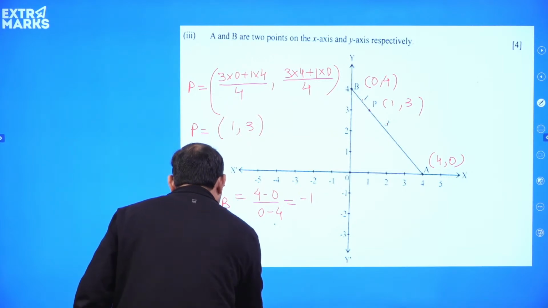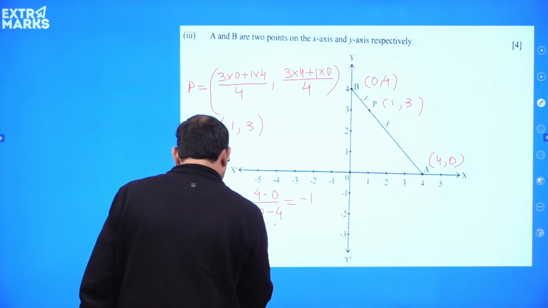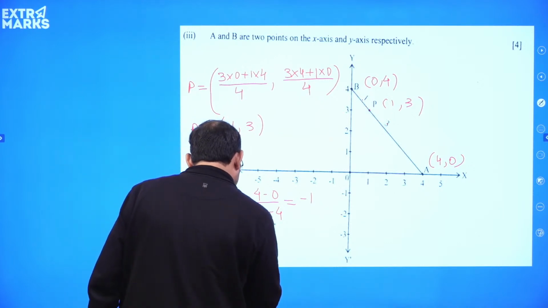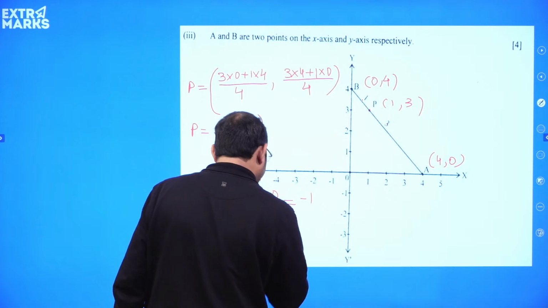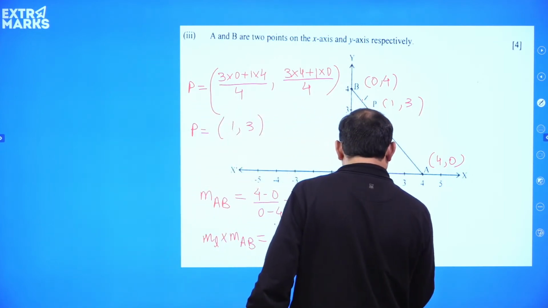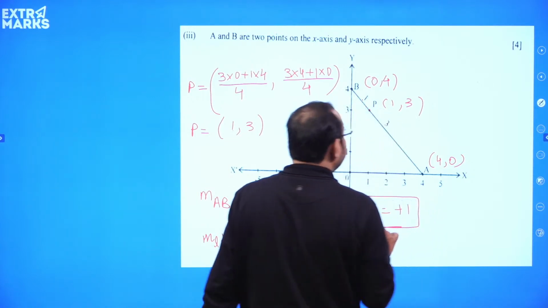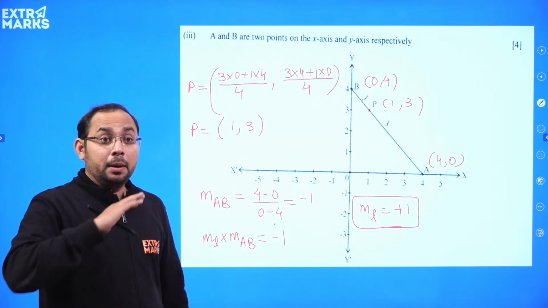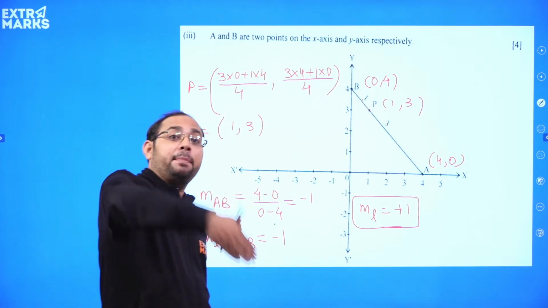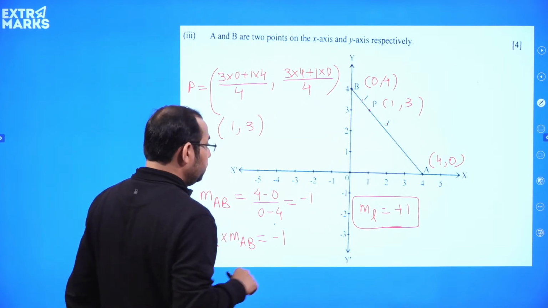So M of the line, we do not know the name of that line, so I am calling it L. So ML into MAB will be minus 1. Now MAB is minus 1. So ML will come plus 1. Okay. So the slope of a line which is perpendicular to AB and passing through P will be plus 1. Now you know the slope.